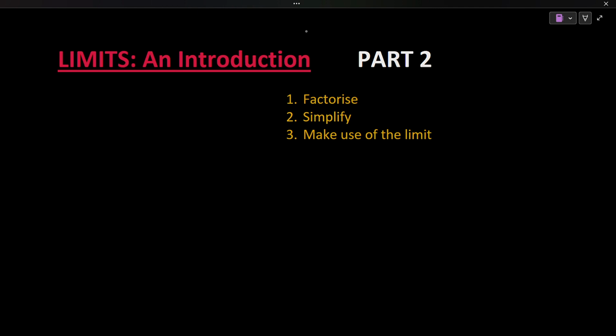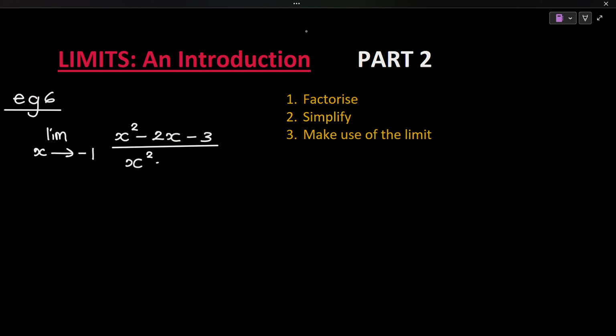Let's go on to example 6. We have the limit as x approaches negative 1 and the function is x squared minus 2x minus 3 all over x squared minus 1.